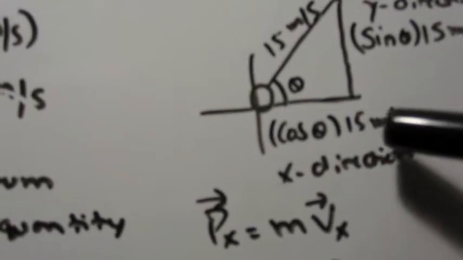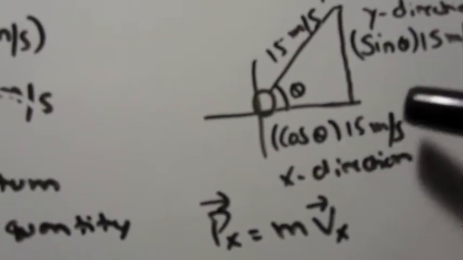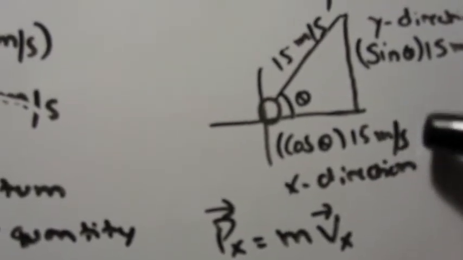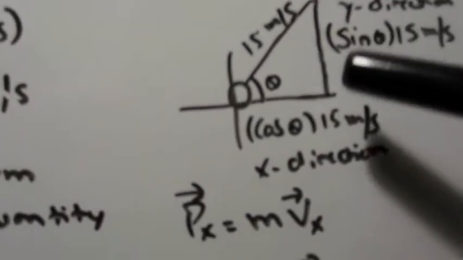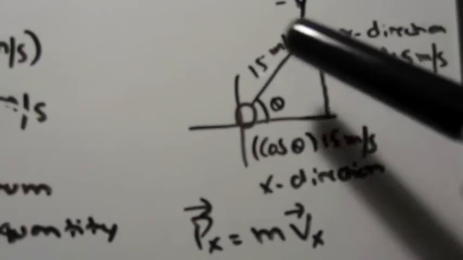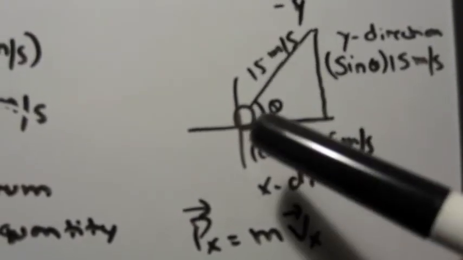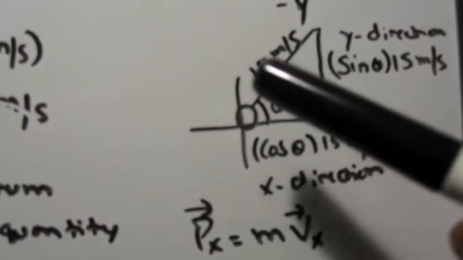So it gives you a sense. Cosine theta times 15 meters per second gives you the x direction, and sine theta times 15 meters per second gives you the y direction, because sine is opposite over hypotenuse and cosine is adjacent over hypotenuse.